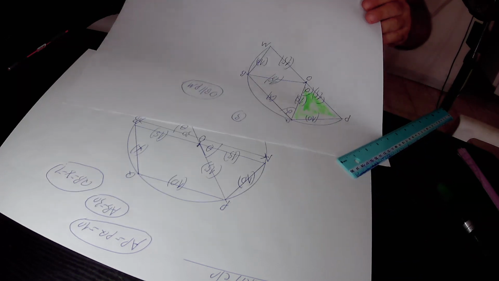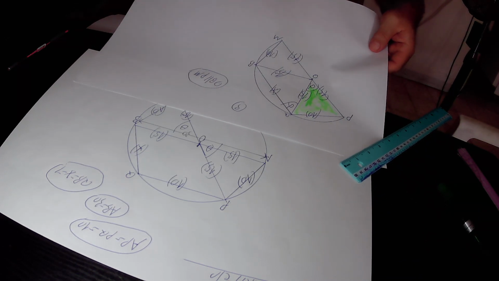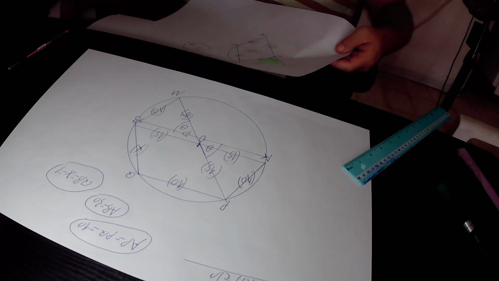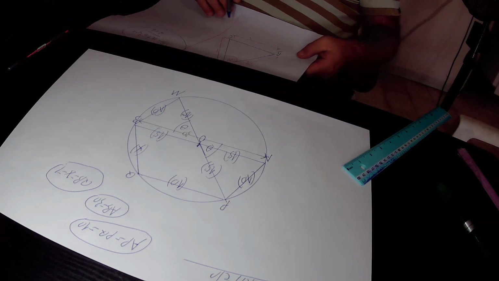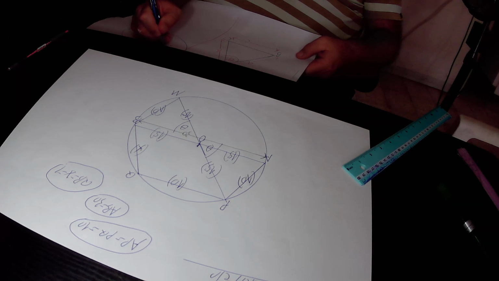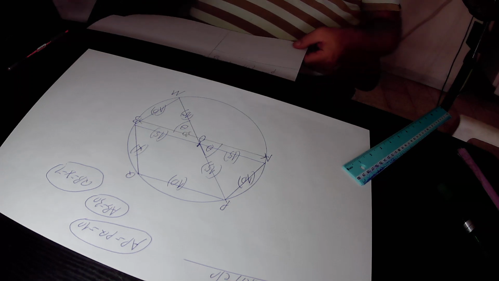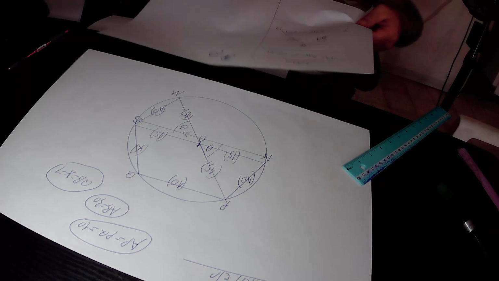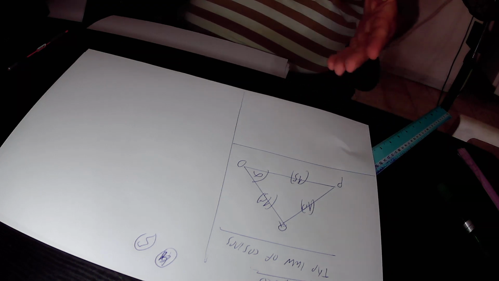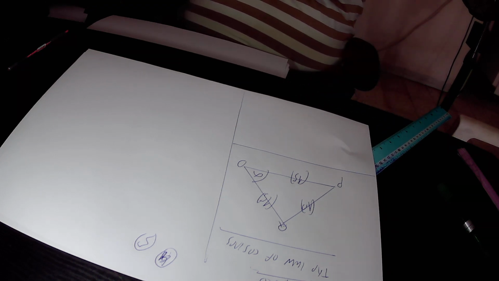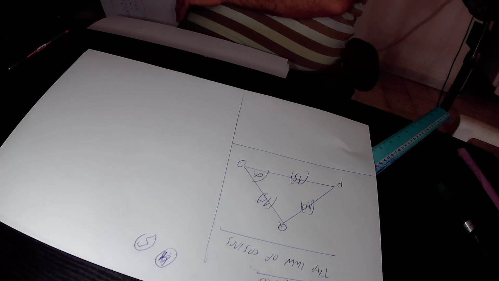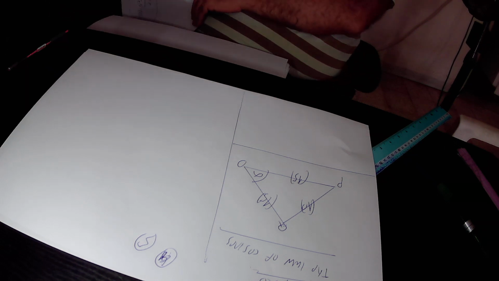So hopefully, this is the green triangle PQO that I copied from this drawing.